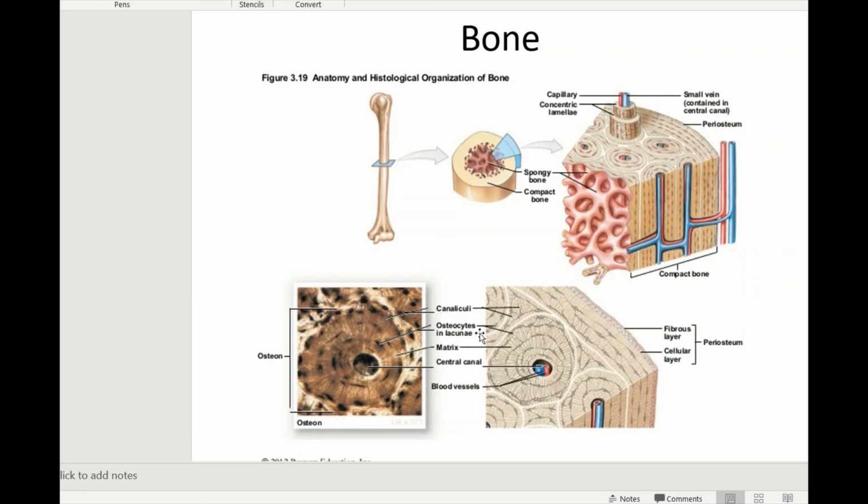Here you can see the spaces in which the osteocytes are present. So these are the osteocytes. And you have the central canal where the bone marrow is present.